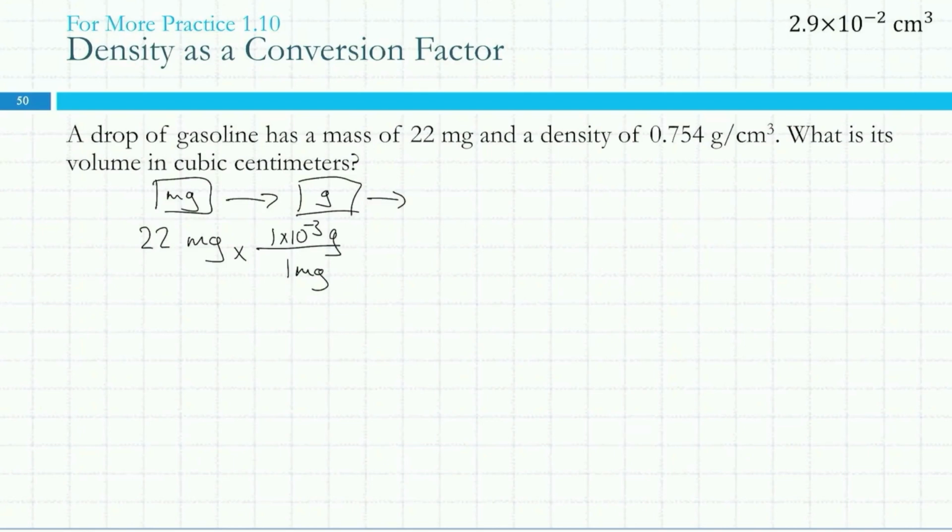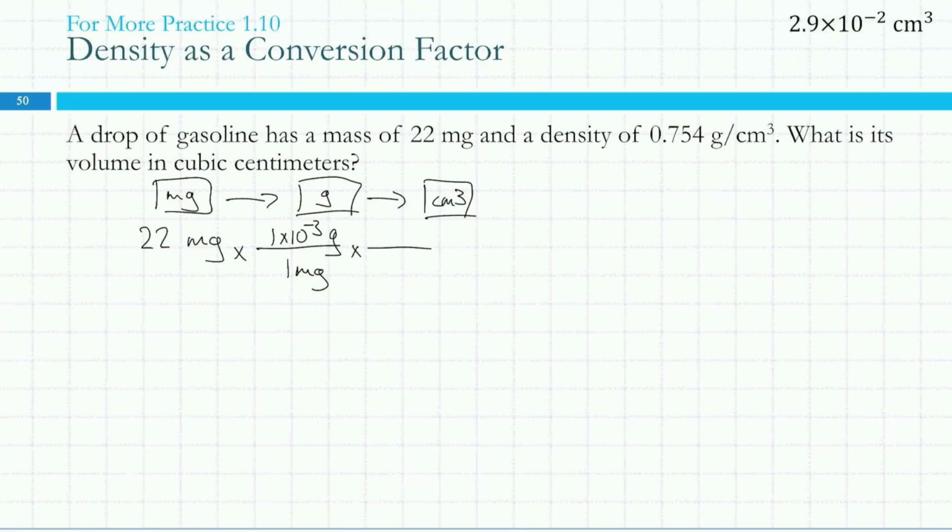And now I can use density to convert to centimeters cubed. What do I put on the bottom though? The grams. Yeah, so even density is normally written with grams on top. It's a conversion factor.